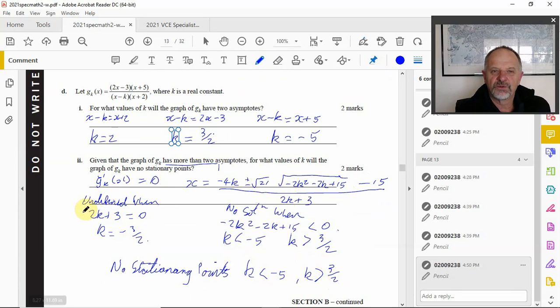You don't need to include this one, because the function's undefined when k is negative 3/2, so you haven't got a function at all. There's no graph, so you don't need to worry about it. All right, I'm starting to waffle here. So it's just these two: when k is less than negative 5 and k is greater than 3/2, that's when you have no stationary points.